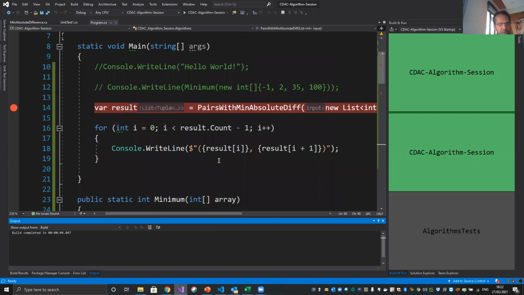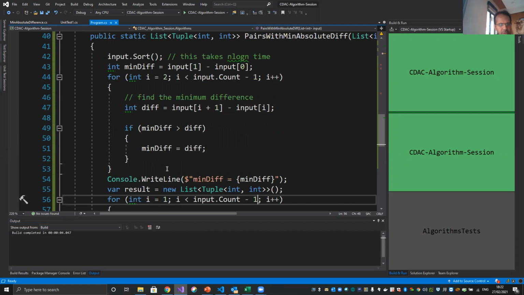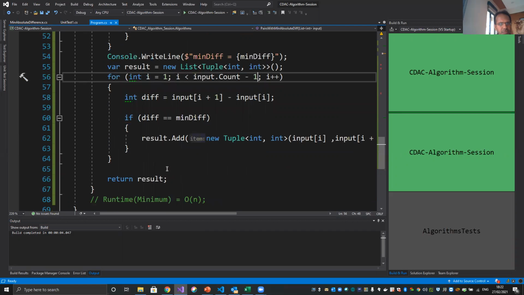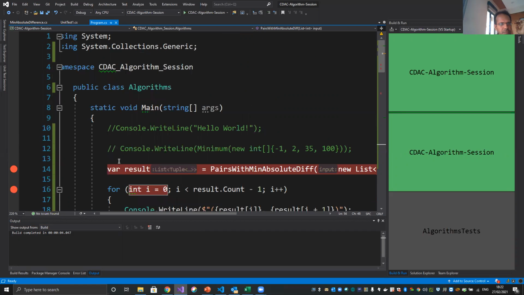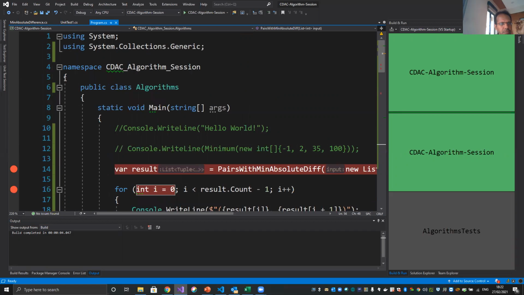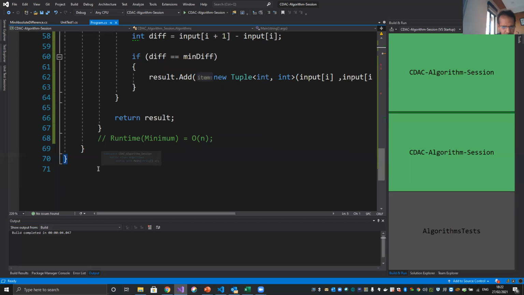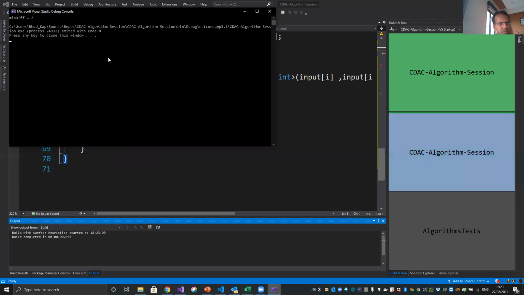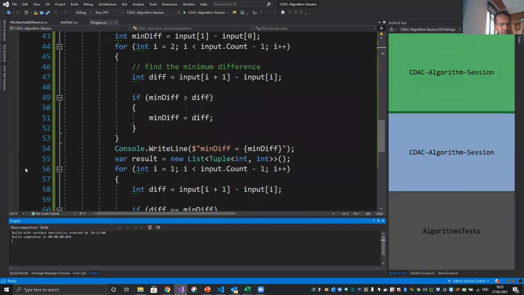Did we not print? That's very interesting. Okay, for some reason it's exiting. That means either there's an exception or something somewhere. Let's put a breakpoint. Let's try and understand what's happening.